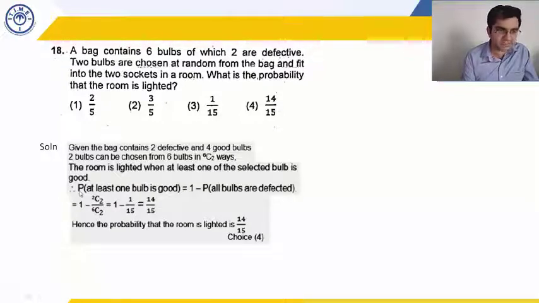Probability that at least 1 bulb is good is equal to 1 minus probability that all bulbs are defective. That's 1 minus select both the defective bulbs divided by total outcome 6C2 is equal to 1 minus 1 by 15. That is 14 by 15. That's your answer. Option number 4.